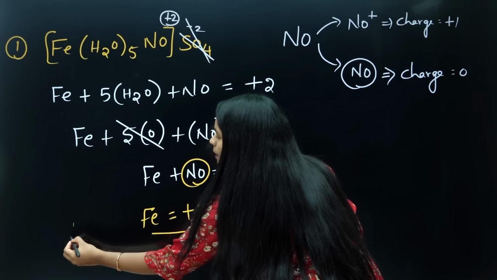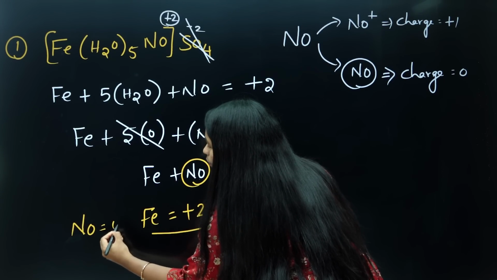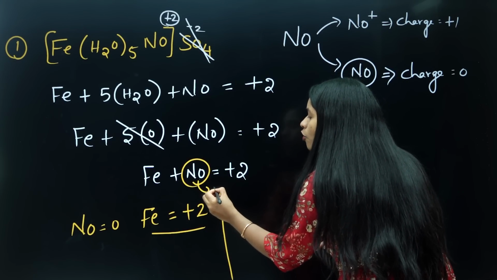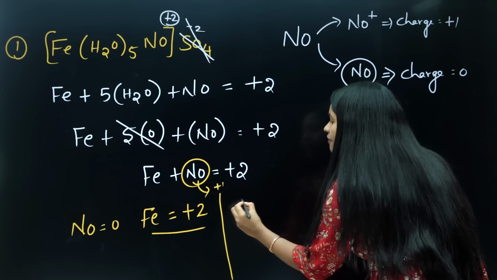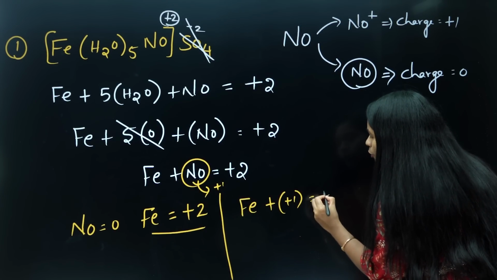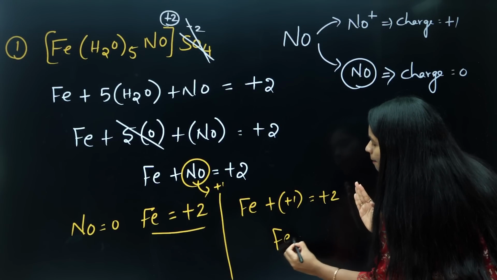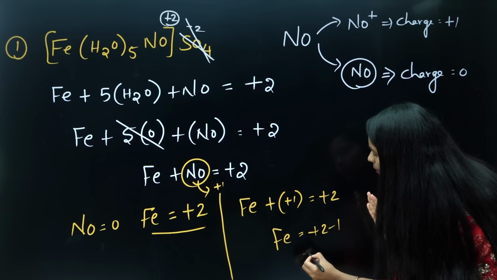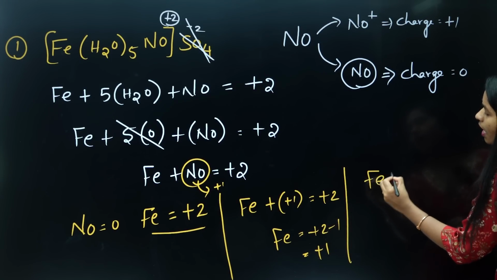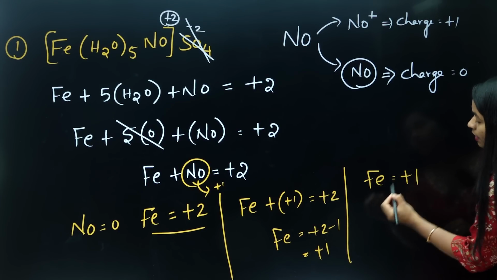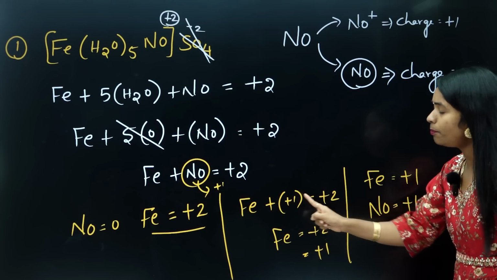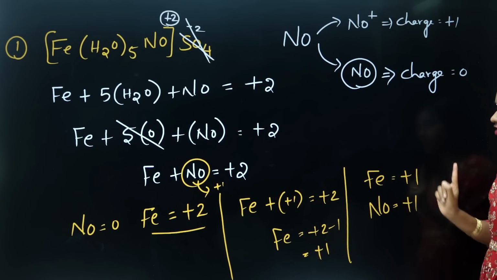Means if you keep the NO charge as 0, then Fe we got plus 2. If we keep NO as NO plus, then Fe plus 1 is equal to plus 2. Then Fe will be plus 2 minus 1, that is plus 1. So Fe oxidation state will be plus 1 when NO is plus 1, correct?